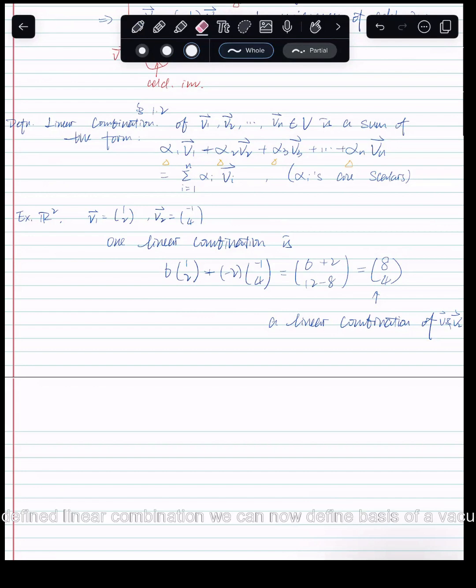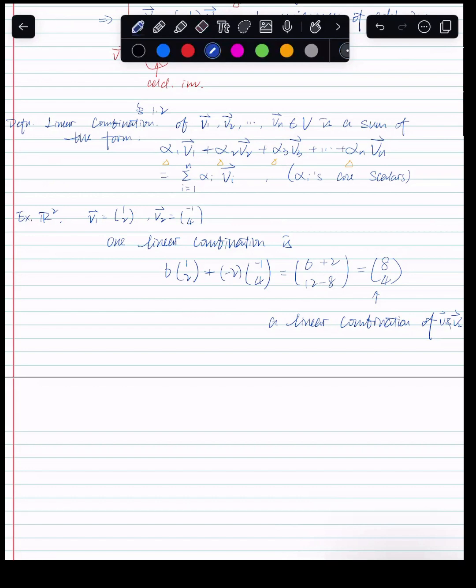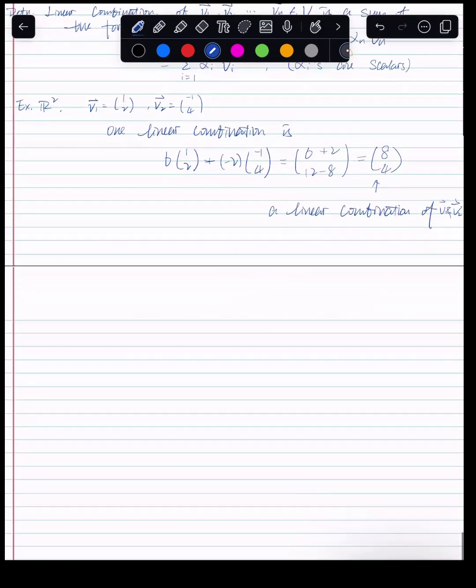After defining linear combination, we can now define a basis of a vector space.